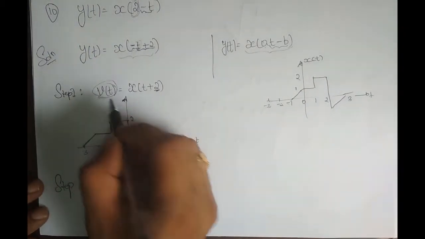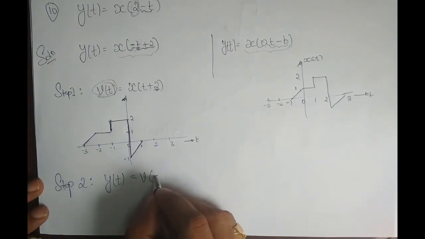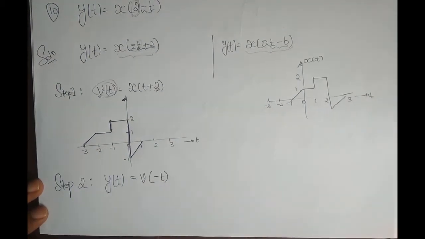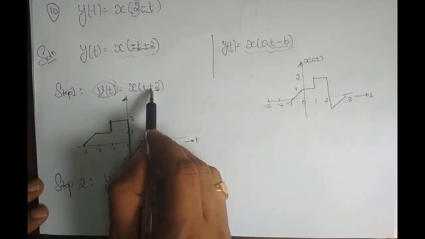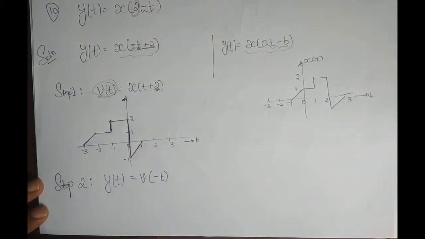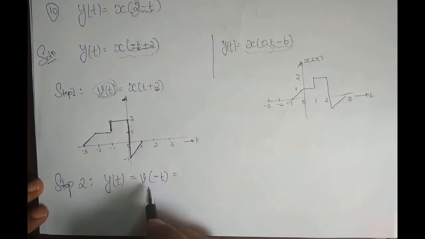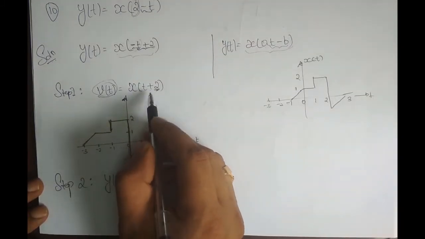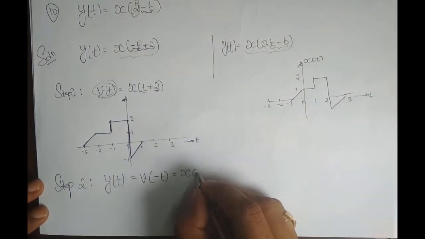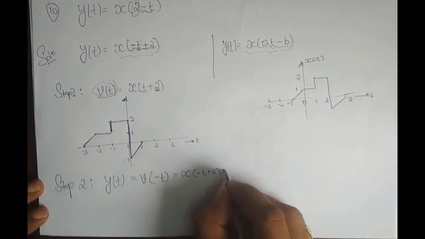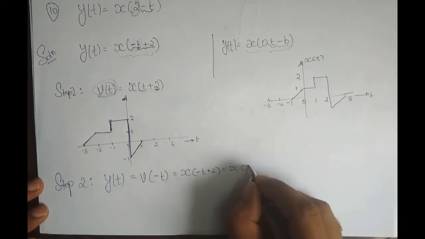So I have the intermediate signal v of t, and I have to make it v of minus t. To get v of minus t from v of t, in the right hand side of the v of t equation, wherever t is there, I have to replace it by minus t. So what is v of minus t in terms of x of t? It is x of minus t plus 2, and this is nothing but x of 2 minus t.